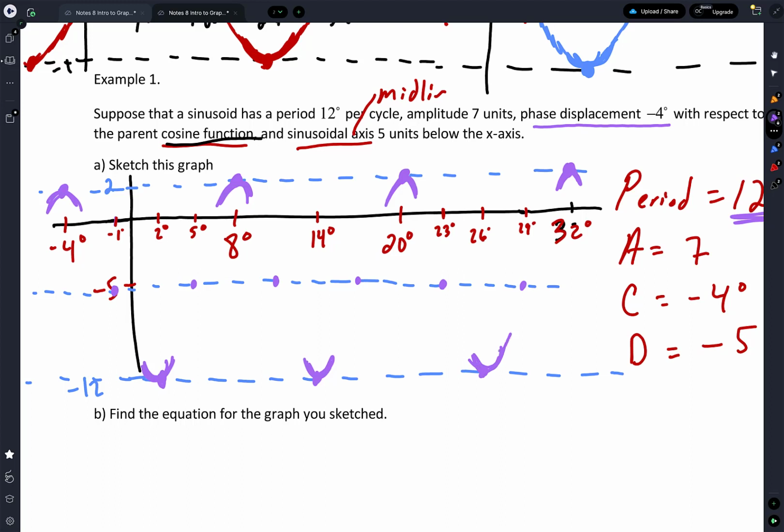And then connect them. And voila, look at that. Beautiful.